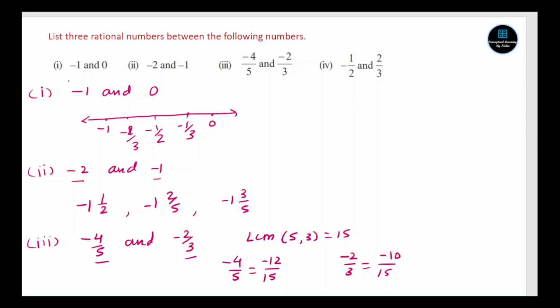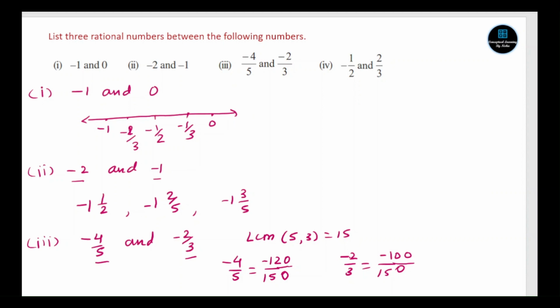Okay, now I have to write three rational numbers between these two, right? So see here, -11/15 is between these two. Now you can write many in this way also, but I'll tell you a simple trick to write, okay. I'll just make these numbers 120 and 150 by adding a 0. See, it is very simple now.